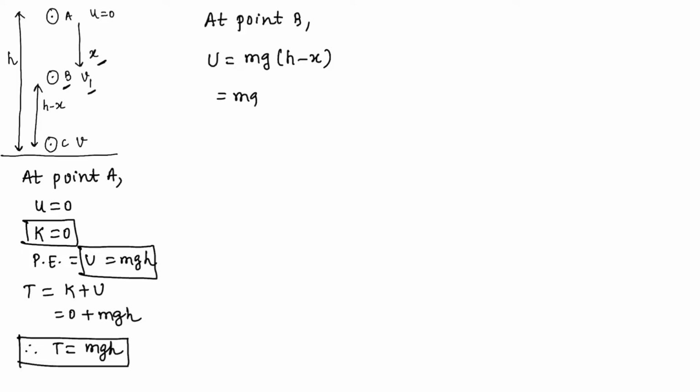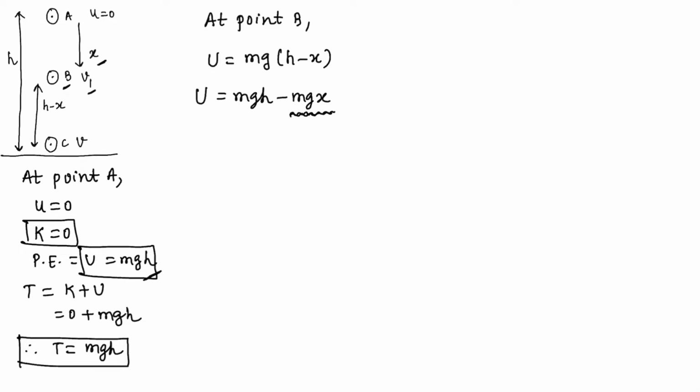This is mgh minus mgx. So here you can see that the potential energy decreases from the initial value, mgh, to mgh minus mgx. So mgx is the value by which the potential energy decreases.